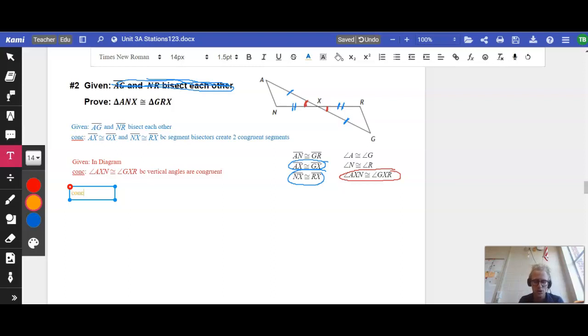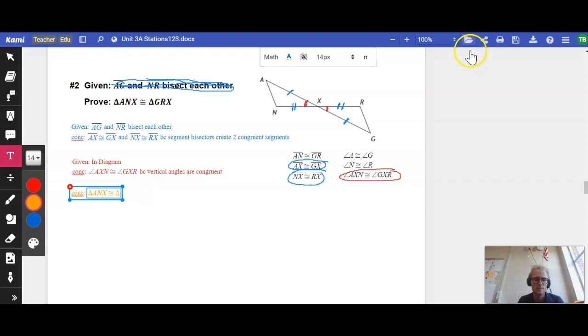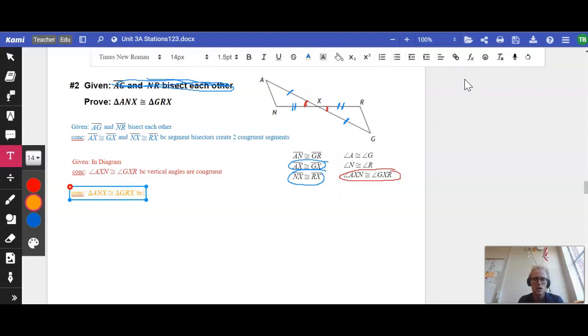So conclusion is that triangle ANX is congruent to triangle GRX because of which triangle congruence will it be? Well, it'll be side, angle, side. We have two sides congruent with an angle in between them. So there you go.